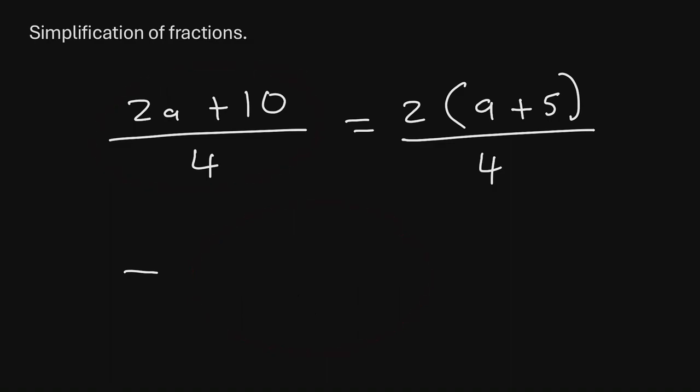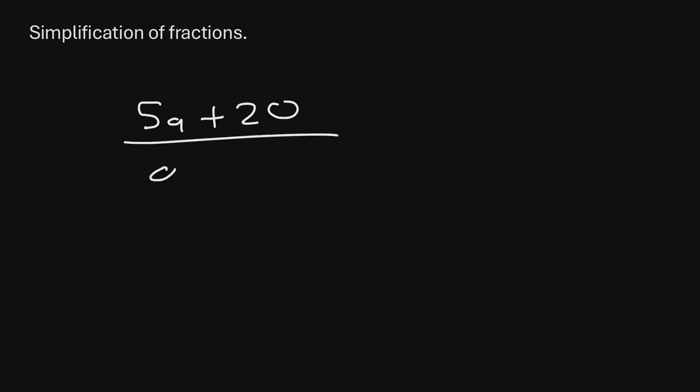Now let us look at the next problem. Please feel free to pause the video and try the problem yourself. Let's say we have 5a plus 20 all divided by a plus 4. We are going to check if we can take out any common factor, that is, if we can factorize anything at the top or at the bottom.